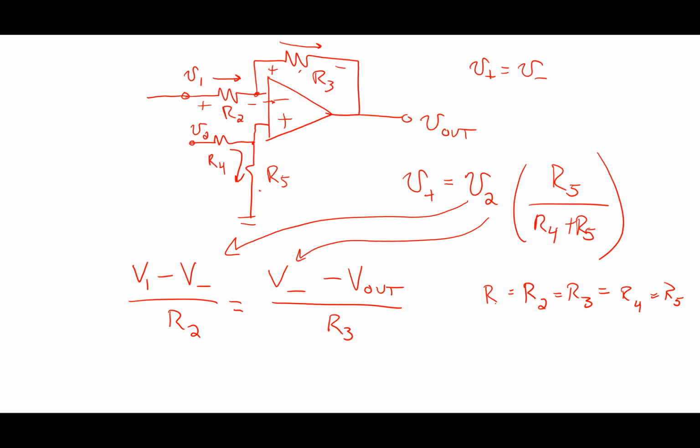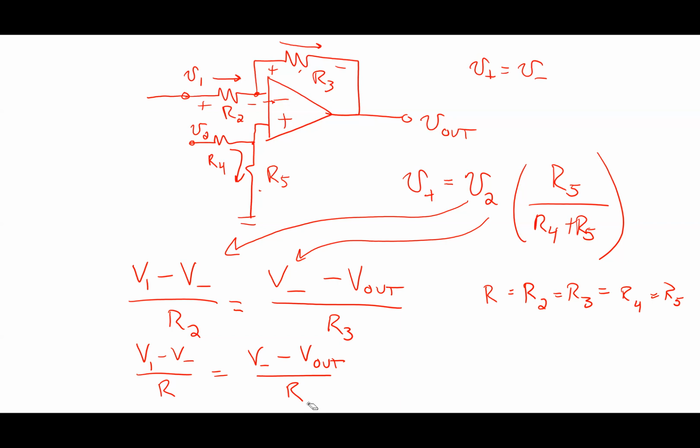So this becomes V1 minus V minus divided by R2. This becomes V minus minus V out over R3. Like that. Well, sorry, R. You guys with me there? If they're all equal to each other, it could be any number, 100K, 10K, whatever. What about this V plus equal V2? What would that become?